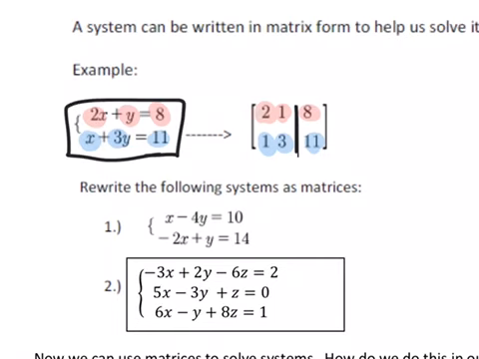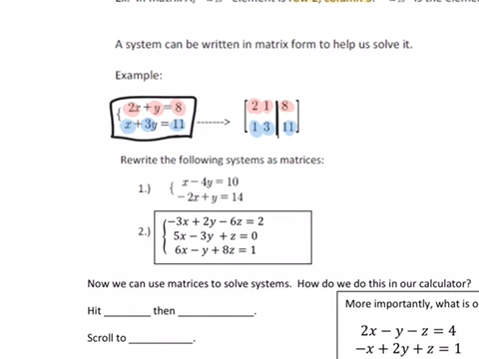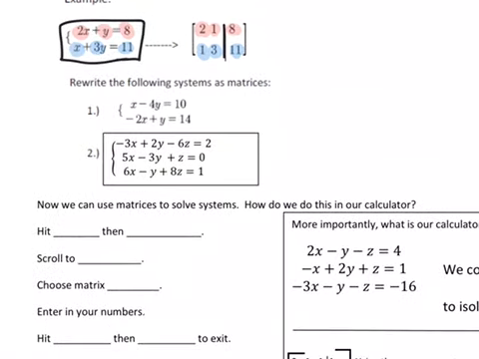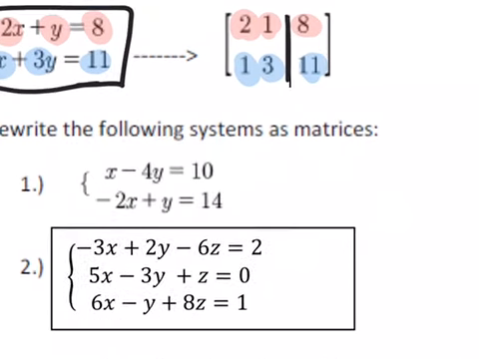And you might notice that the x and y's are not present. That's going to be one thing that helps speed this process up, is that all we need are the coefficients of those variables. We don't need to actually input the variables into that matrix. Alright? So we're going to rewrite these following systems as matrices.